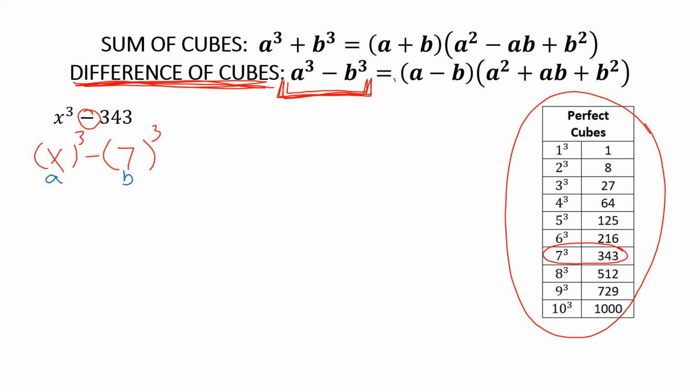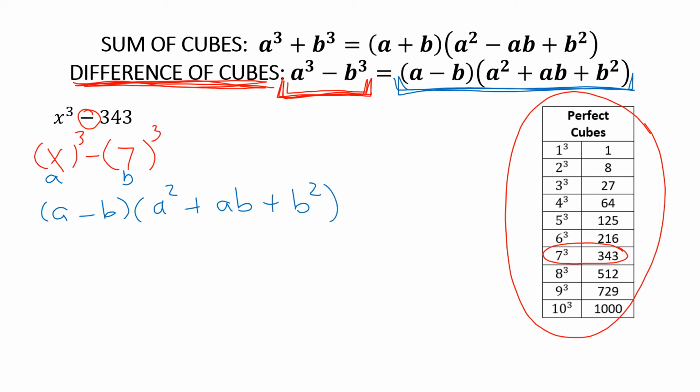So looking at the rest of the formula, I'm going to copy this down and then plug my numbers in. I'm going to do a minus b times a squared plus ab plus b squared. And everywhere where I see a, I'm going to plug in x, and everywhere where I see b, I'm going to plug in a 7.